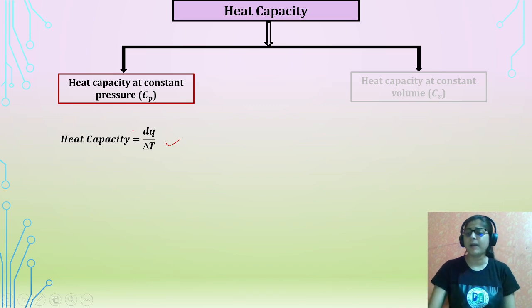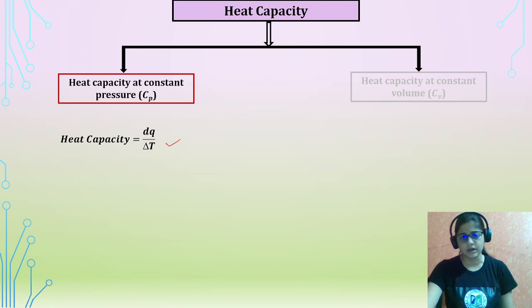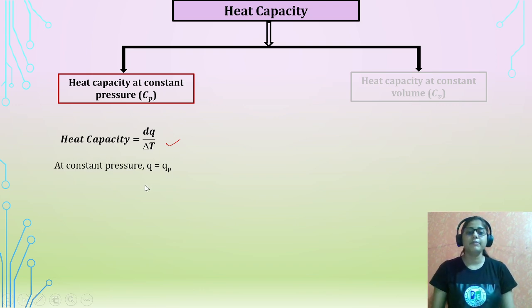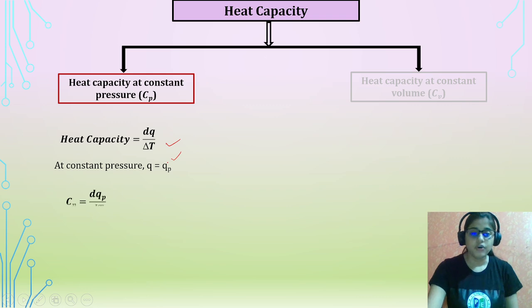Because per degree or per Kelvin we need it. So at constant pressure, Q will be QP, the amount of heat at constant pressure. So we are just putting the value delta QP by dT.